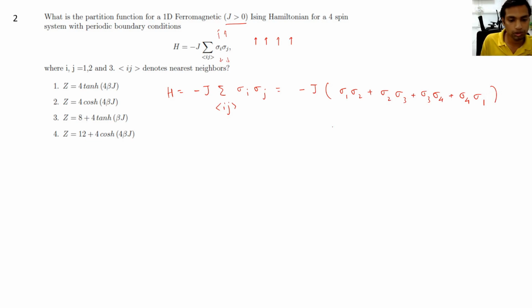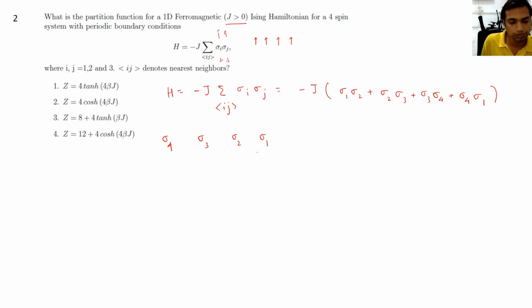Now what you have to do is calculate the energy, the various energies. That energy comes from different combinations of sigma 1, sigma 2, sigma 3, sigma 4. Sigma 1 can take values 1 and minus 1, sigma 2 can take 1 and minus 1, sigma 3 can take 1 and minus 1, sigma 4 can take 1 and minus 1.